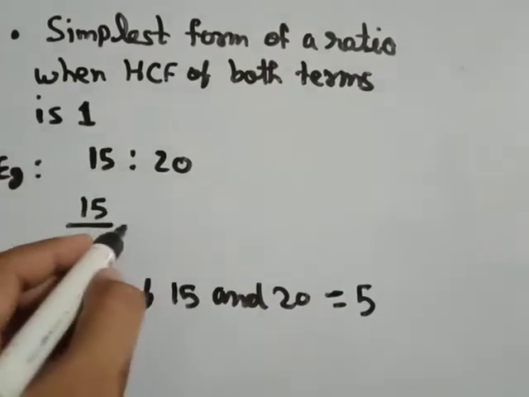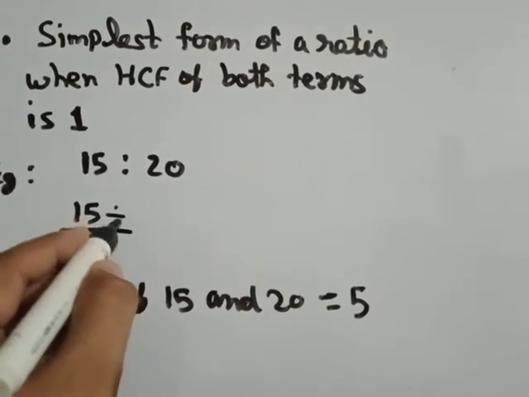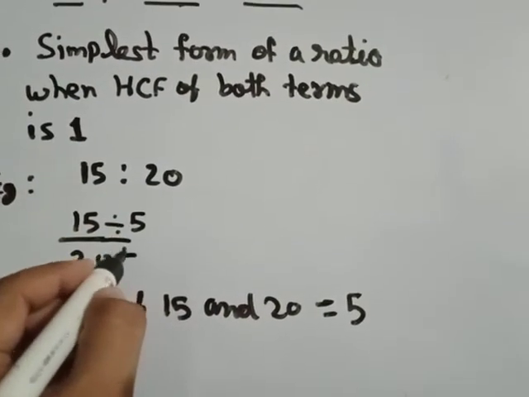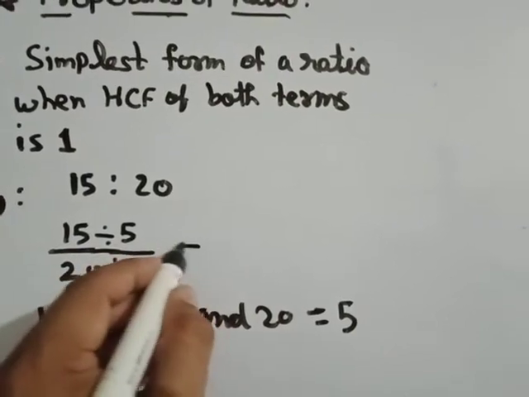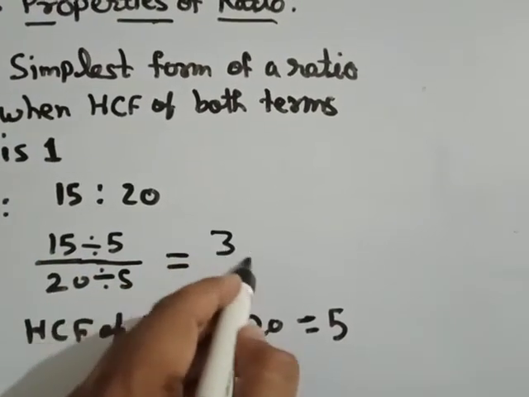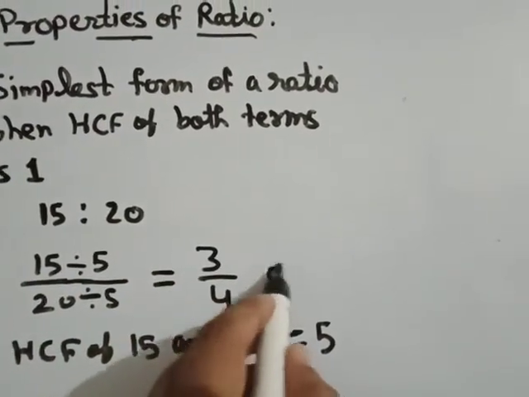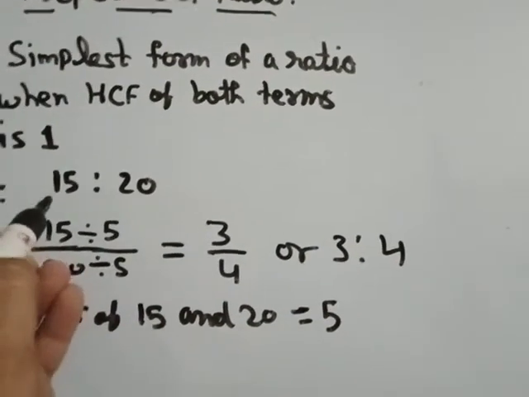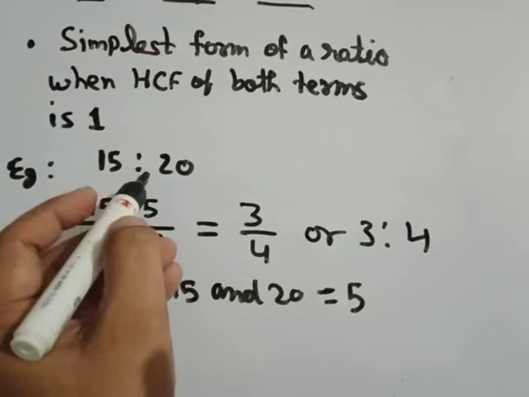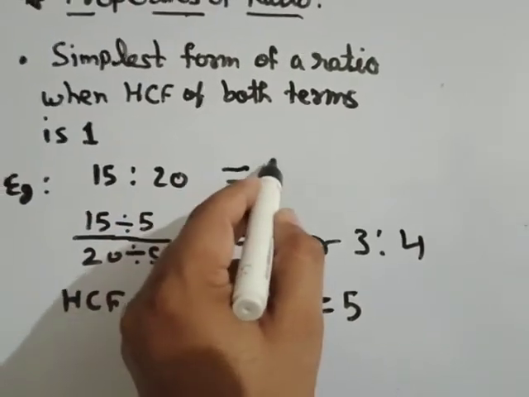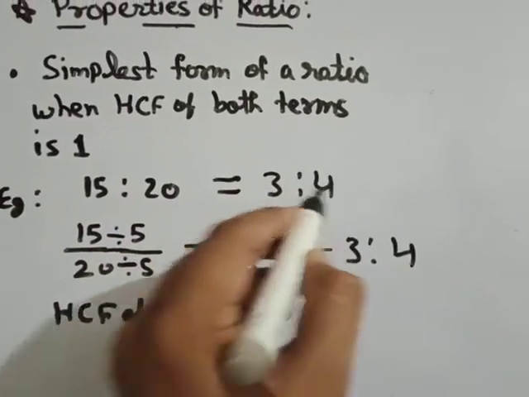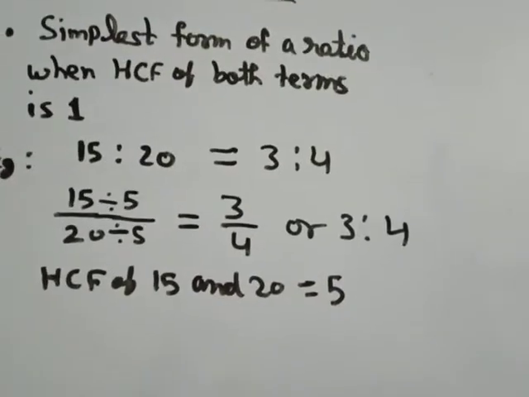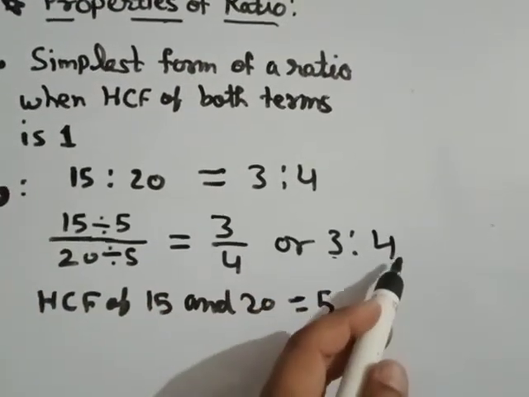So we divide both terms by its HCF. You get 3 over 4 or 3 ratio 4. So the simplest form of 15 is to 20 is equal to 3 is to 4. Now the HCF of 3 and 4 is 1.